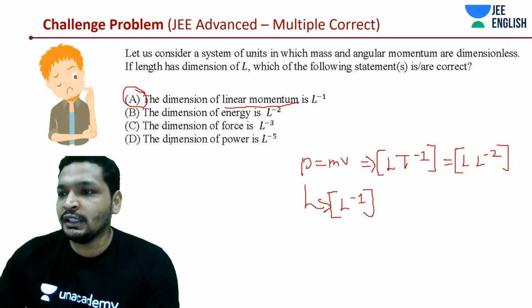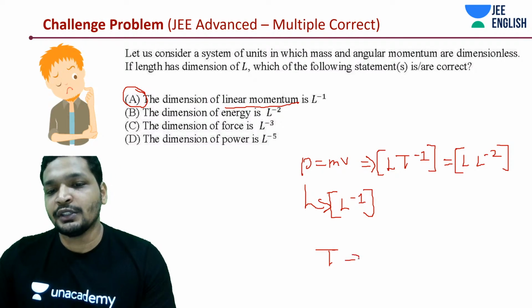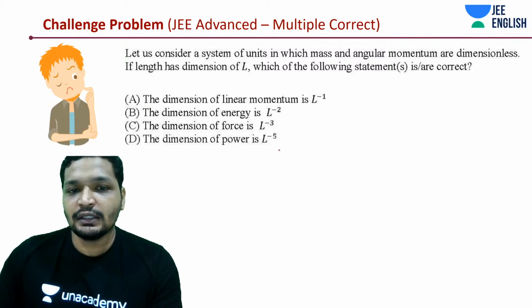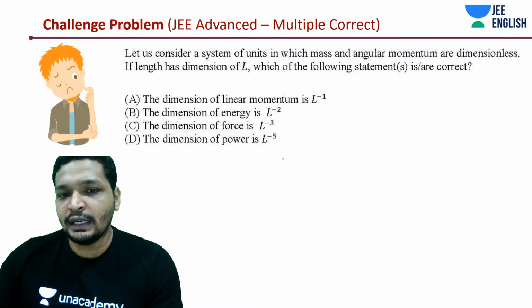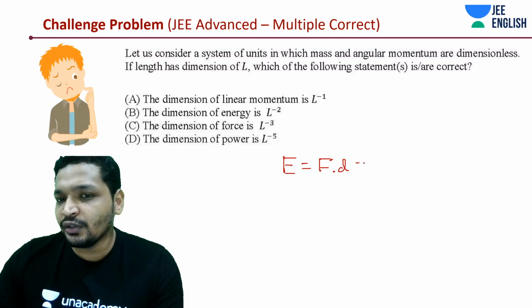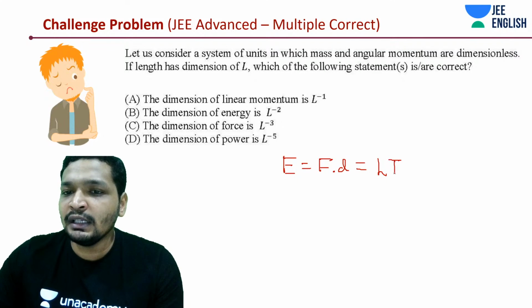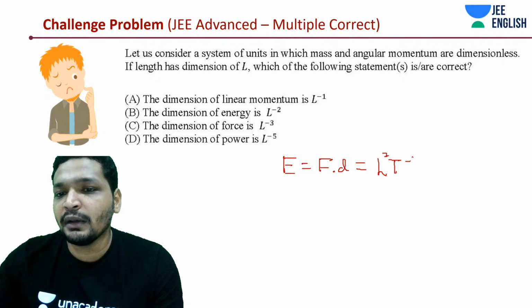Let's do for energy. Similarly, the clue is really simple. Time has the dimensions of L square in every single case. And mass, you are not going to do anything. This is force into displacement, energy, same as work done. Force is nothing but mass into acceleration, into displacement. Mass has no dimension. So this can be written as L square T to the power minus 2.